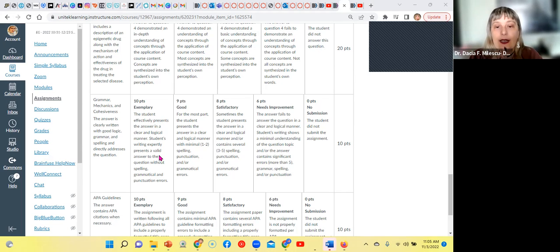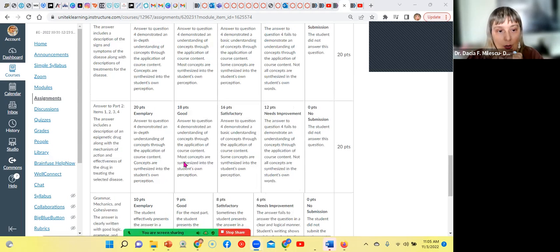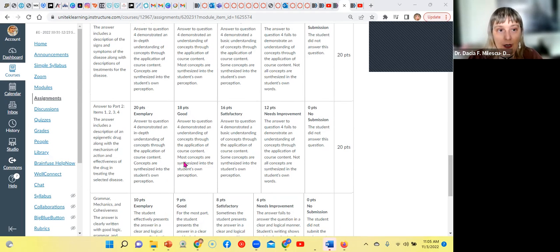Pay attention to detail. Lots of people do not. All right, what else? Make sure that when you talk about the drug, you mention the mechanism of action, the pharmacological action, and the efficacy in treating the selected disease, okay?